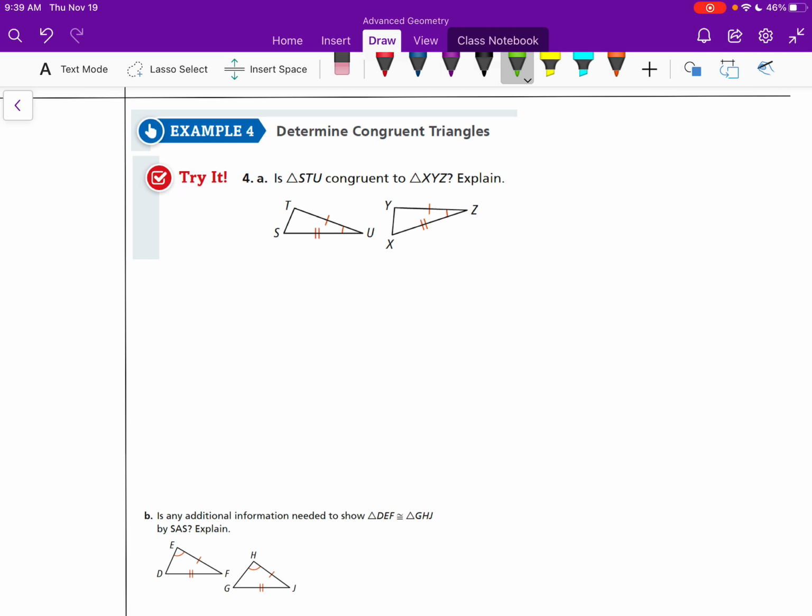If we look at it, we can see that we've got two congruent sides and their angle in between them is congruent. So we were learning a theorem that tells us if we have a side with the included angle, they're congruent. So our answer here would be yes.